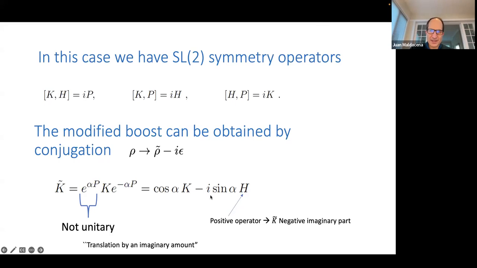So it's a non-Hermitian operator. H is the Hamiltonian in global AdS2, so it's a positive operator, or more precisely, a non-negative operator. And so K tilde has a negative imaginary part, or it could also be zero.